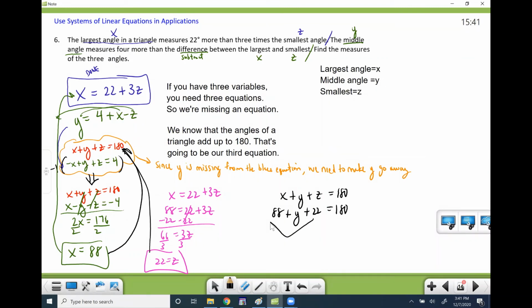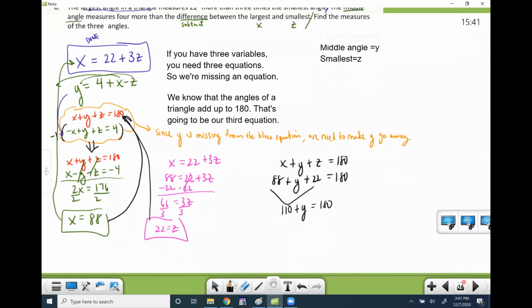That's 110. So take away 110 from both sides. And hopefully my math is right.